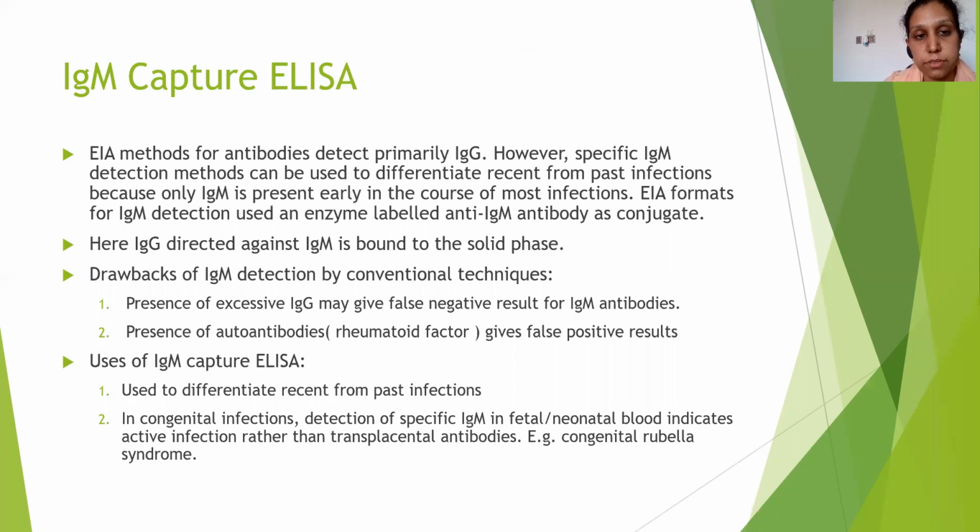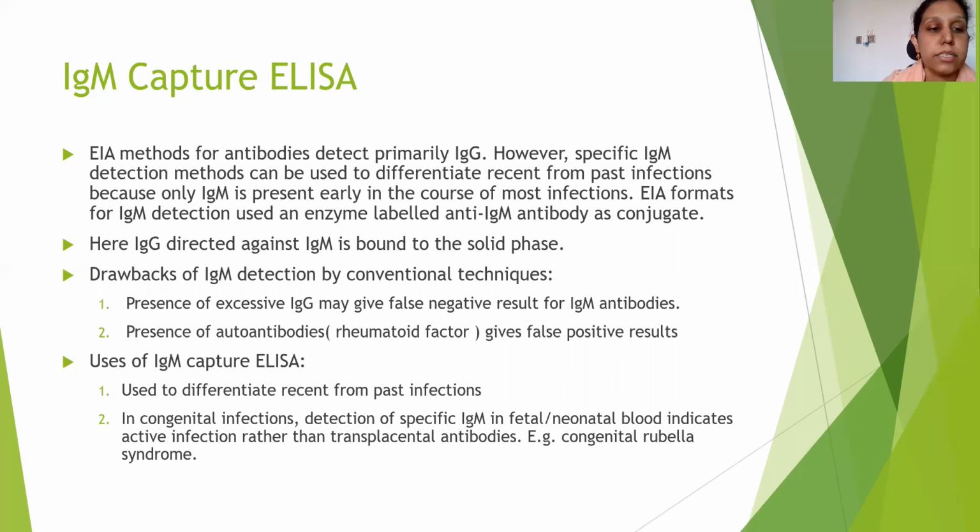Now, the IgM capture ELISA: the enzyme immunoassay method for antibody detection is primarily for immunoglobulin G. However, specific IgM detection methods can be used to differentiate recent from past infection. You already know that IgM means recent infection, because IgM is present early in the course of most infections.